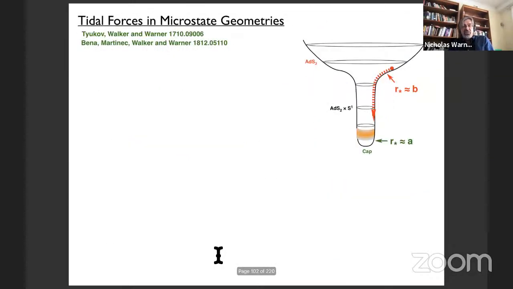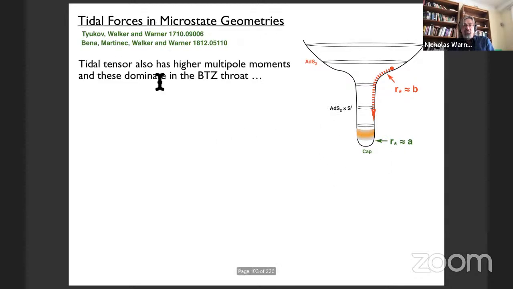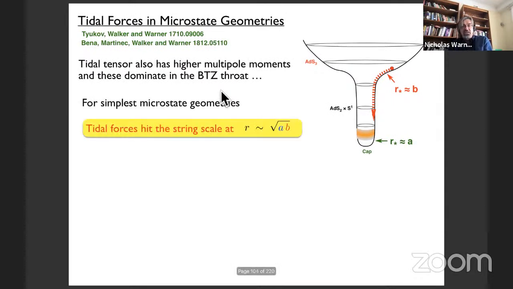But what we discovered a few years back is that in microstate geometries, the fact that there's a cap means that there are multipole moments for the gravitational field, and these come to dominate in the throat. And so in particular, as you fall in from some large distance high up the throat, it's not only the multipole moments that come to dominate, but it's also the fact you're hitting those multipoles at an ultra-relativistic speed, and that further amplifies it.